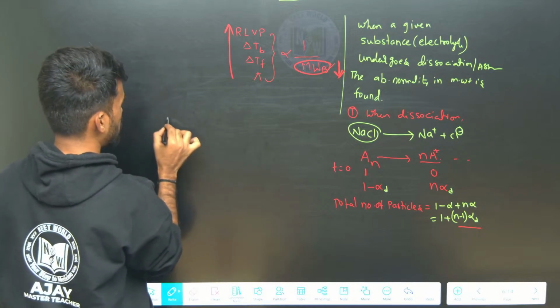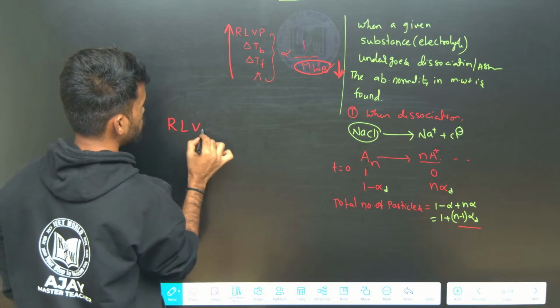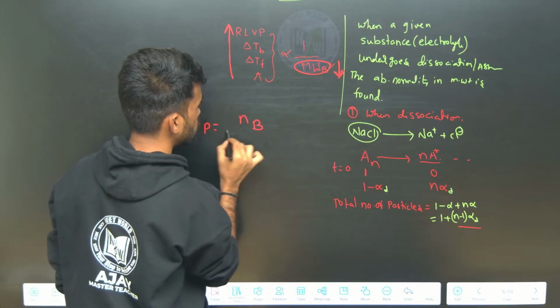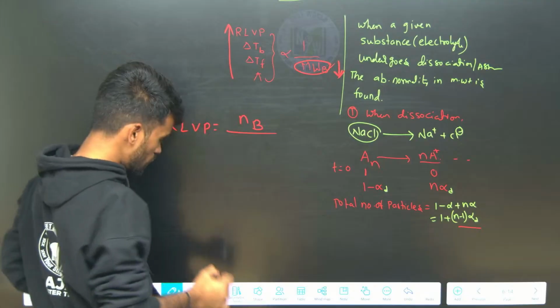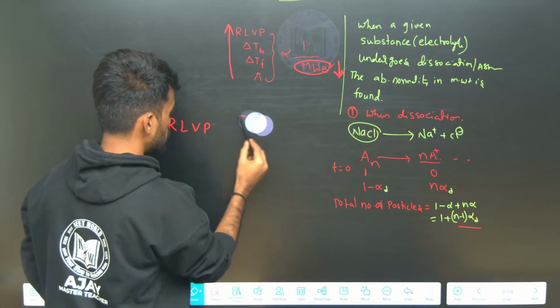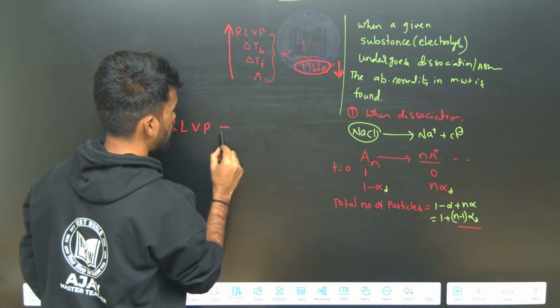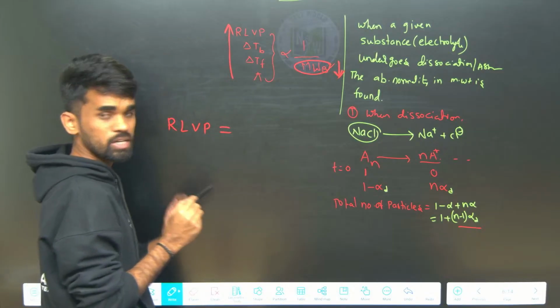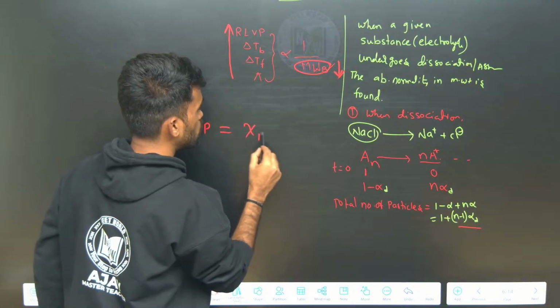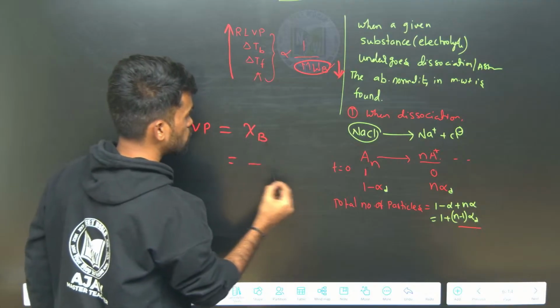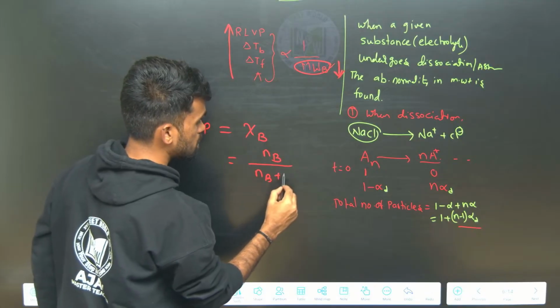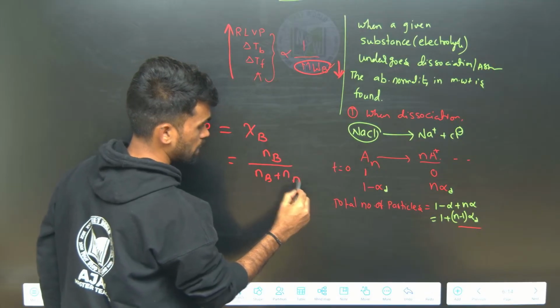For example, for RLVP, the formula is (P naught minus Ps) by P naught equals the mole fraction of solute. Mole fraction of solute means number of moles of solute by number of moles of solute plus number of moles of solvent. Like this we are writing now.